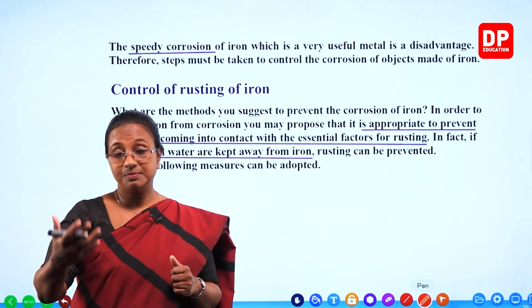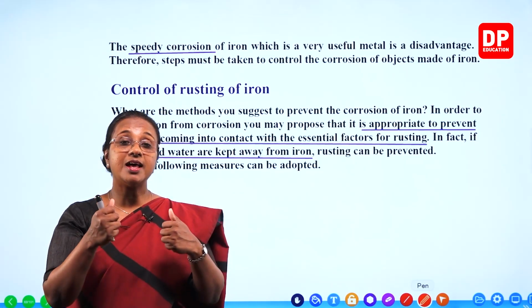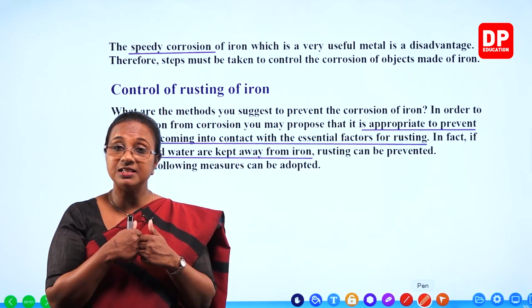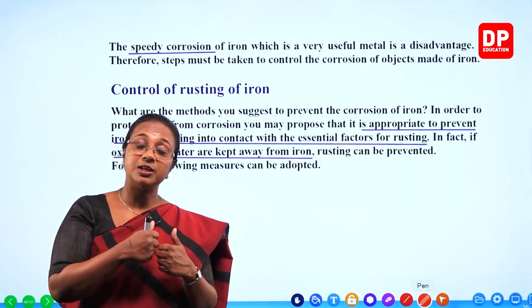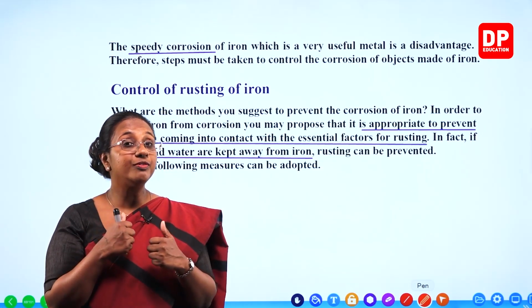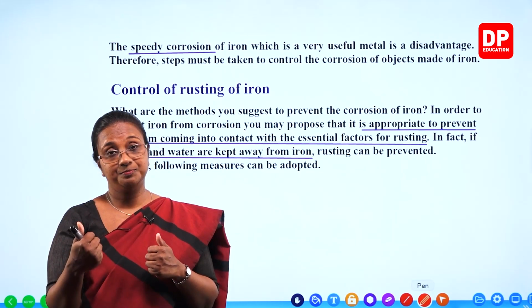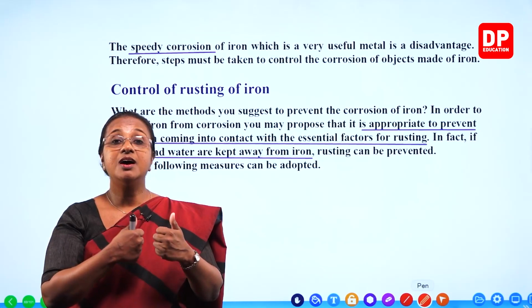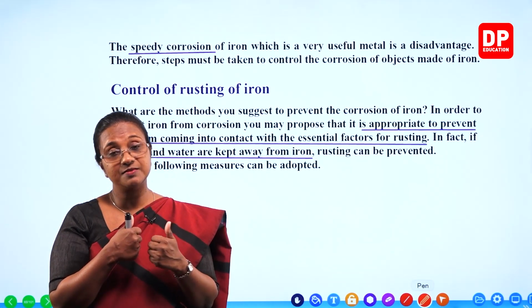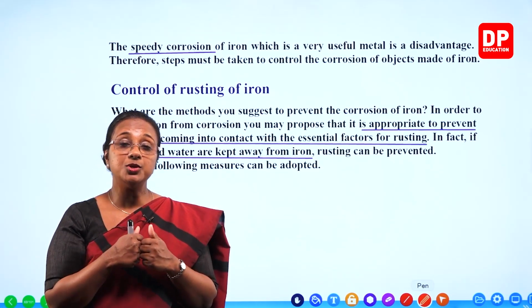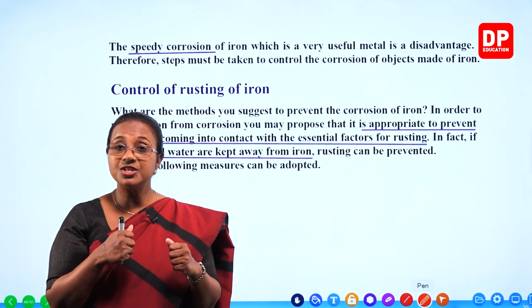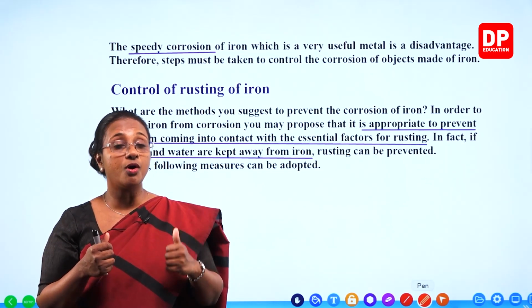Then in machinery parts, where there are parts in contact with each other which are moving with respect to one another, you all know friction. Even this friction can increase rusting because the parts are moving relative to each other. So what do we do? To reduce friction, we apply grease or oil.